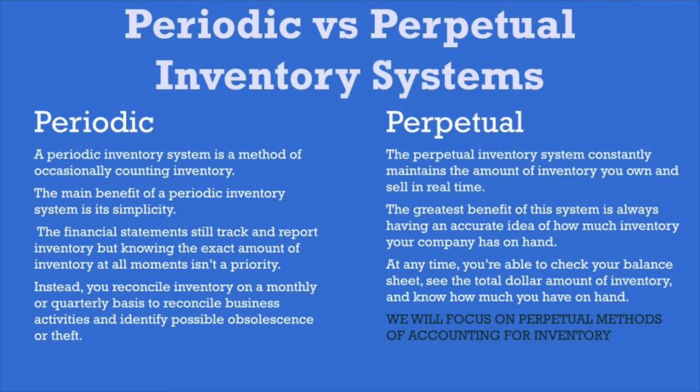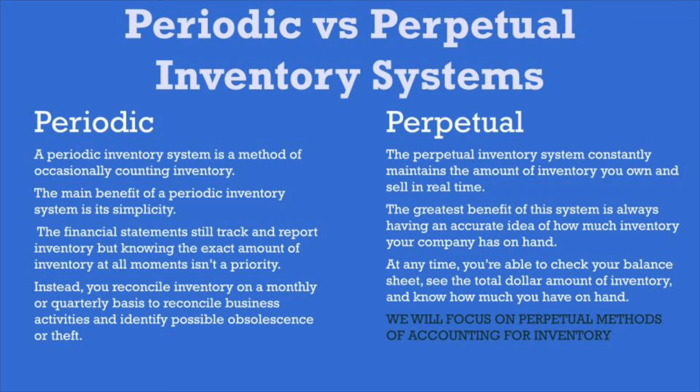So before we begin looking at specific inventory methods or managing inventory methods, let's look at two basic types of inventory systems. First is the periodic. Periodic involves going in and counting the inventory probably every year. Could be every month, could be every quarter, but probably every year.